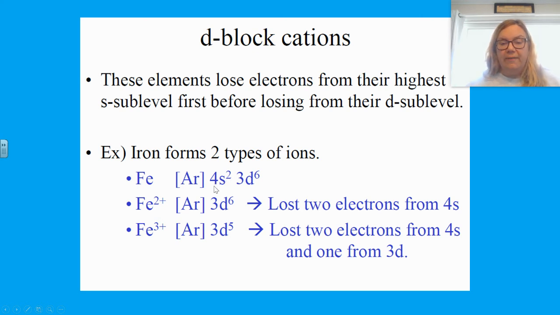And if you think about it, 4s, that's going to be easier to access because they're in the 4th energy level. Notice here, if we have a 3+ charge, a 3+ cation and an ion, we're going to lose 3 electrons: 2 from 4s and 1 from 3d. But notice we're going to lose them from the 4s first. We're not taking 2 from the 3d.